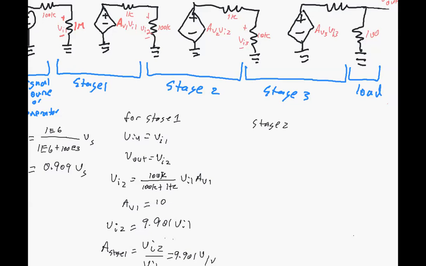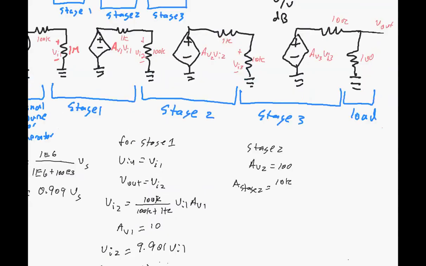If we had AV2 equal to 100, then the gain of stage 2 would be 10K over 10K plus 1K, times 100. You've got to be able to see that, don't you?